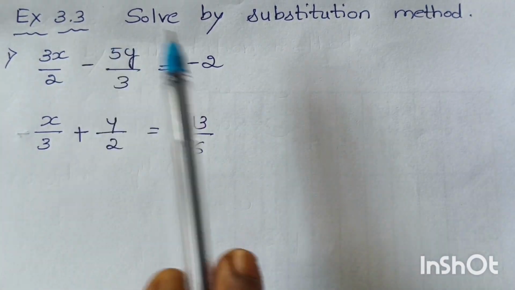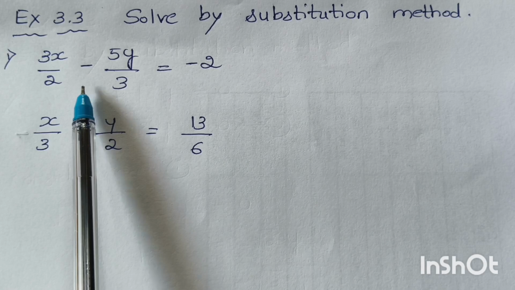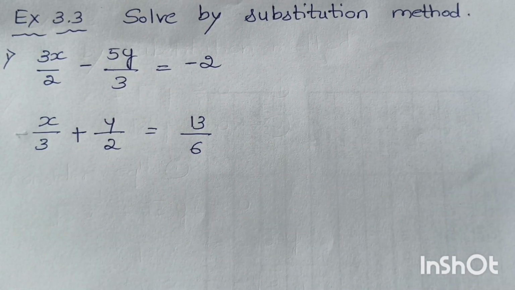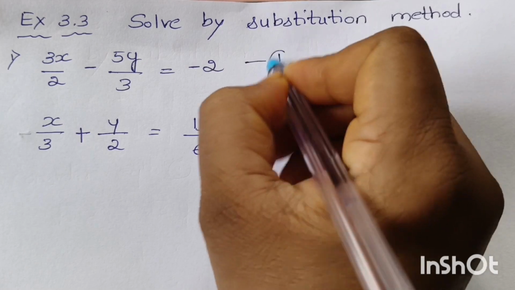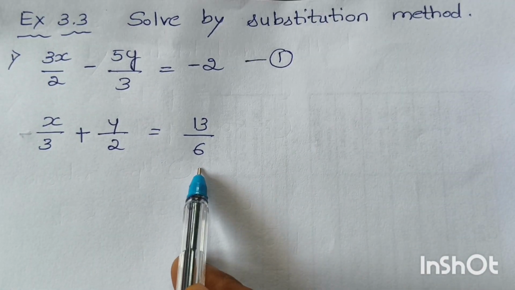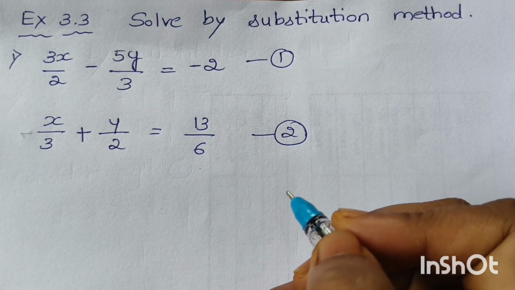Exercise 3.3 solved by substitution method. 3x by 2 minus 5y by 3 is equal to minus 2. Consider this as equation 1 and x by 3 plus y by 2 is equal to 13 by 6. Let us consider this as equation 2.